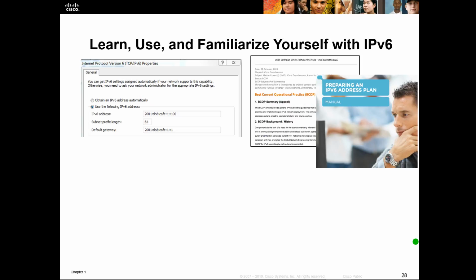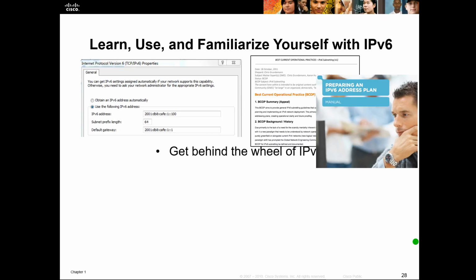Learn, use, and familiarize yourself with IPv6. Chapter 2 is going to get heavily into more of the nitty-gritty of IPv6, but you need to start thinking of the importance of learning and using IPv6 because it's here to stay.